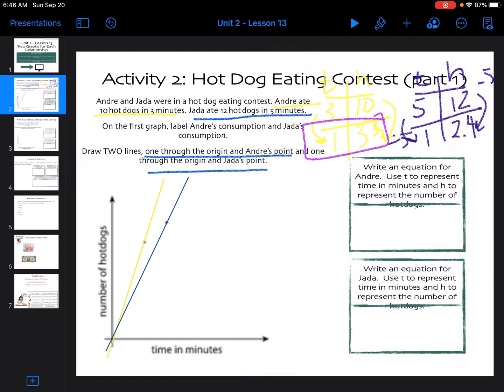There we go. All right, so then they want us to write an equation for Andre and use T to represent the time in minutes to eat H hot dogs. So I know that I'm going to multiply.